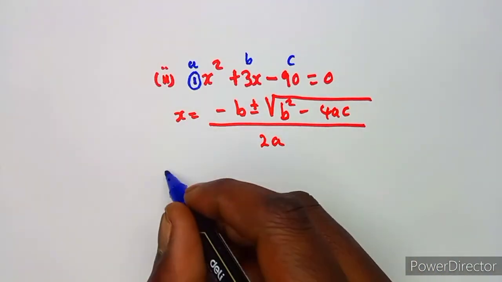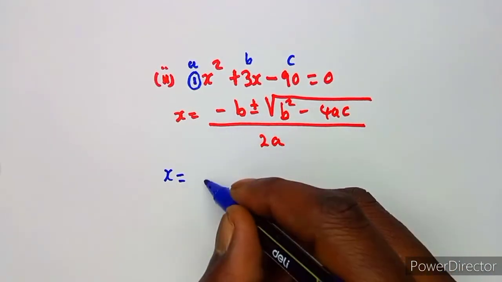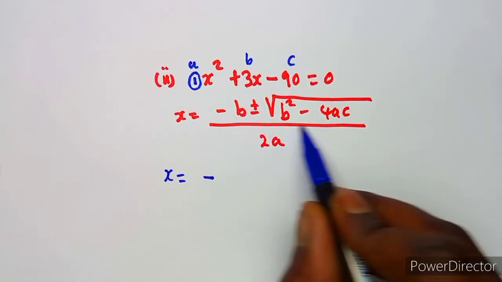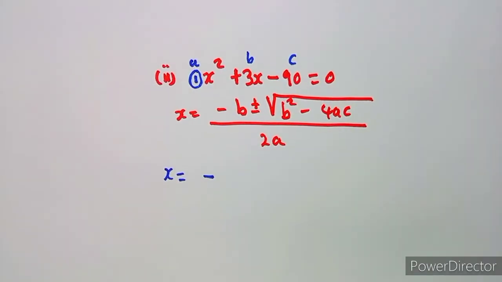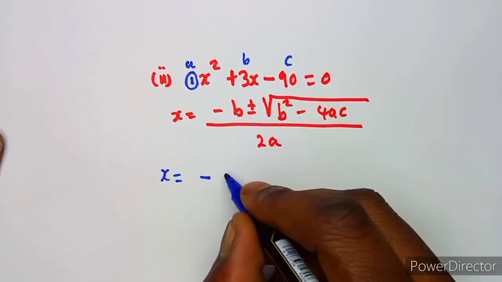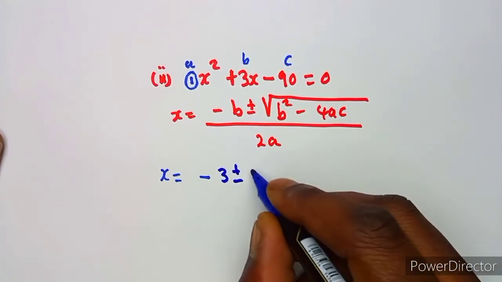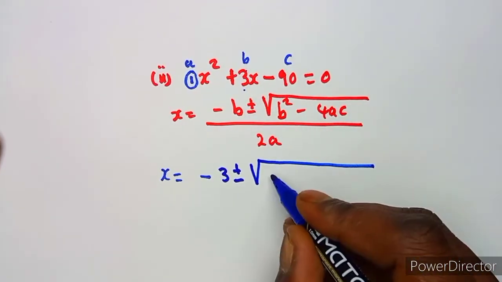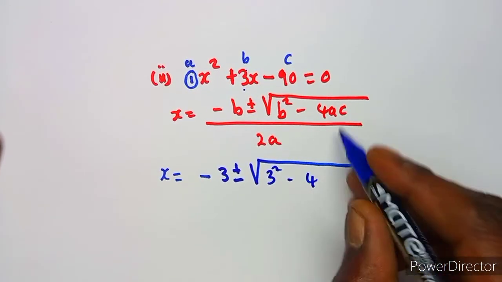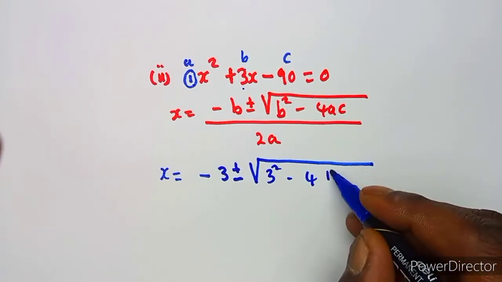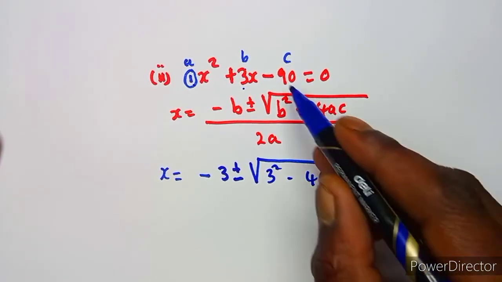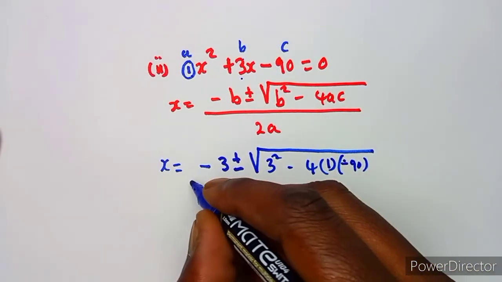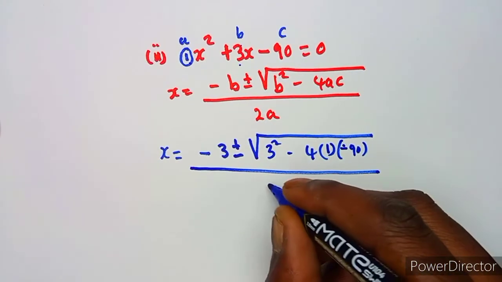So x is equal to minus b, so make sure the division covers everything. That is minus 3, plus or minus the square root of b squared, so 3 squared, minus 4ac. Our a is 1, so put this in a bracket, times c, which is minus 90, also in a bracket, everything over 2 times a.